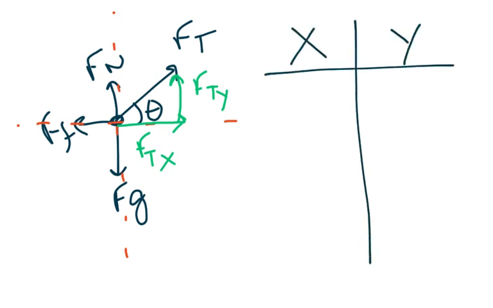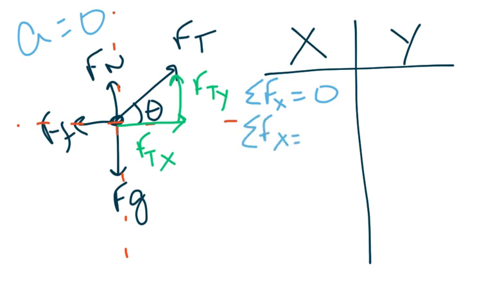I cannot add a horizontal force to a vertical force directly. I have to use trig, or I have to use Pythagorean theorem. Let's go ahead and assume it's equal to 0. So we'll say that the acceleration is equal to 0 in both directions. Then I need to add together everything on or parallel to my x-axis.